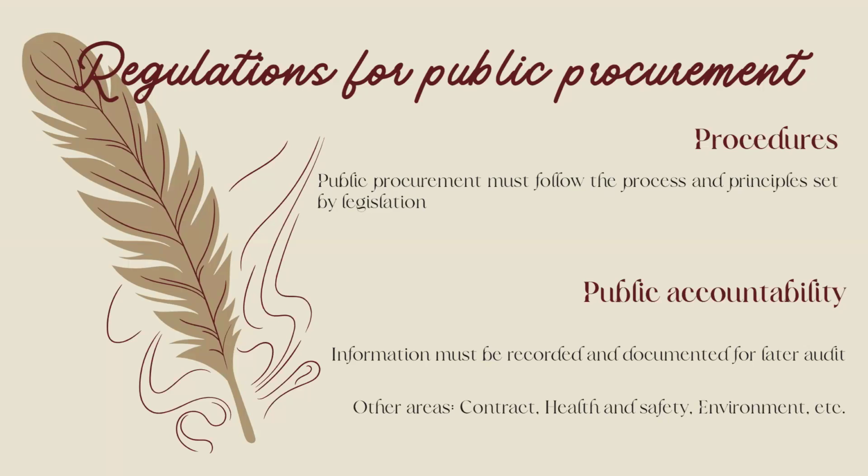Like they list some types of procedures that procurement must follow, like open tendering, restricted tendering, competitive dialogue, innovative partnership, etc. And that legislation also sets up some principles like ensuring competition, public accountability, and value for money.